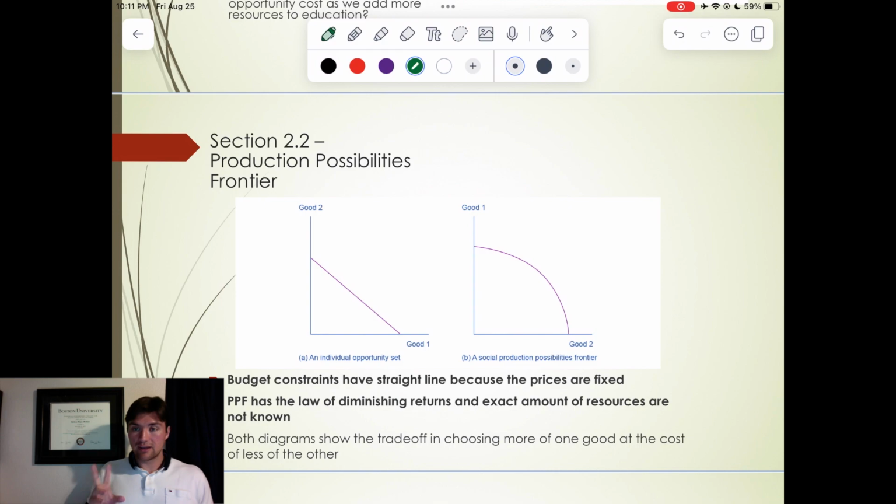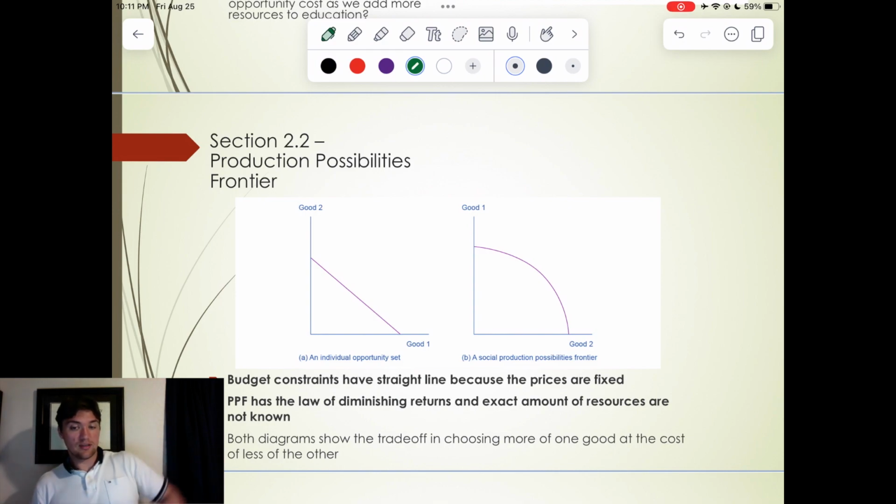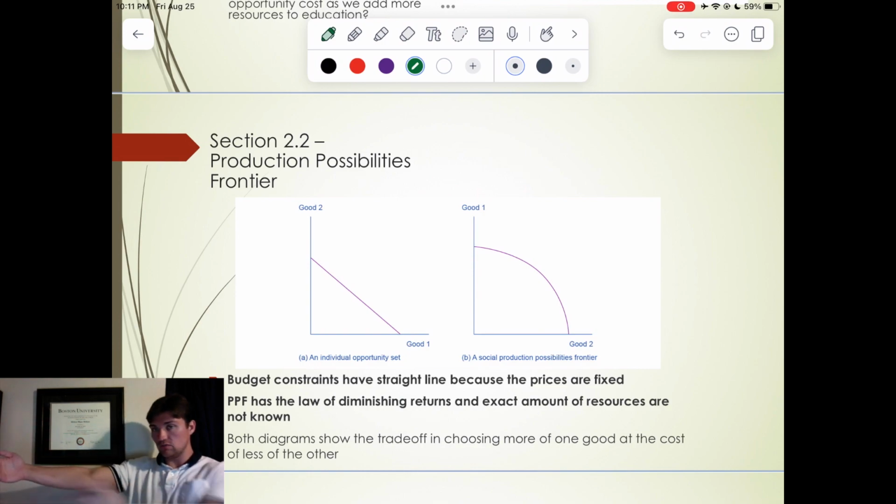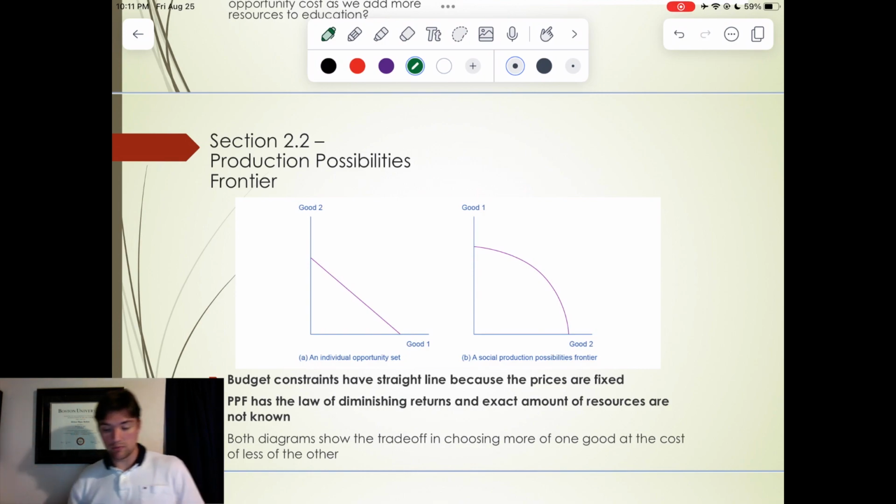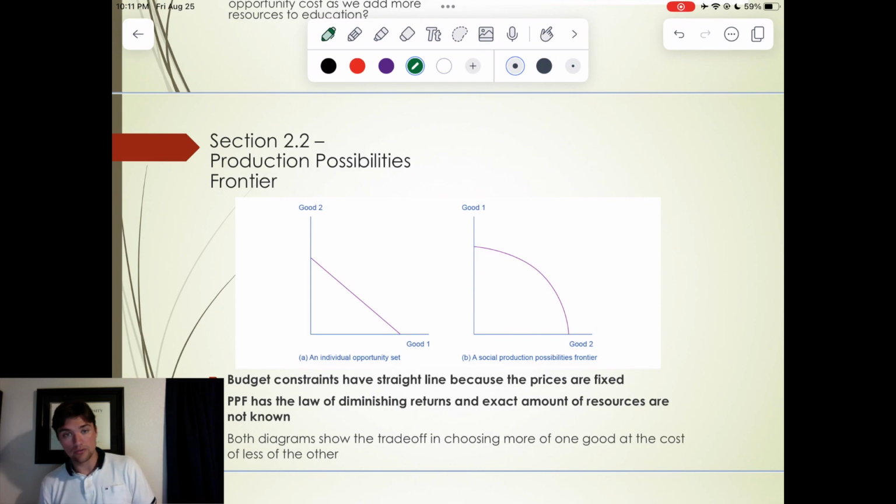Now, both diagrams do show the trade-offs. Because I do more burgers, I do less bus tickets. Because I do more education, I do less healthcare. That is true. But the main thing was just because you have a fixed income and prices, and the other one is showing the diminishing returns. That's the biggest difference there.